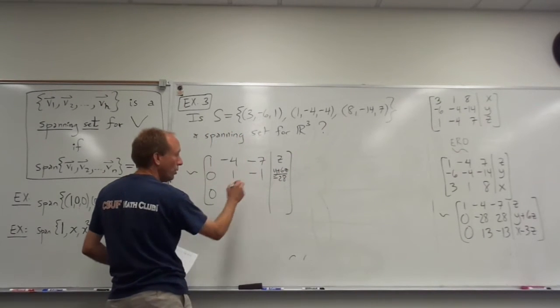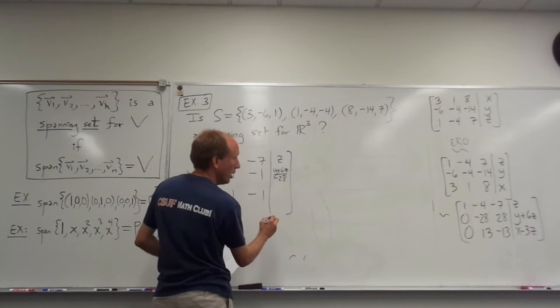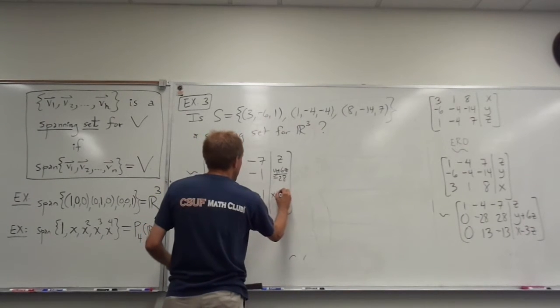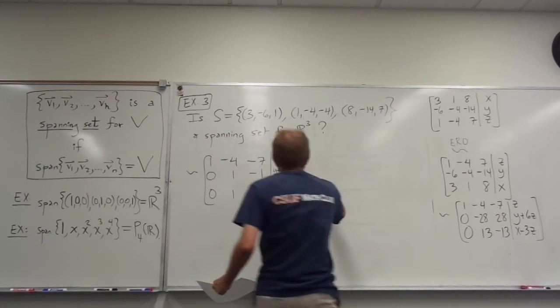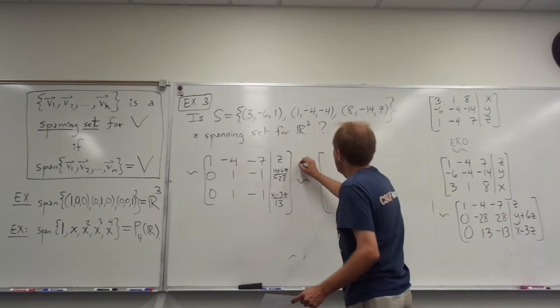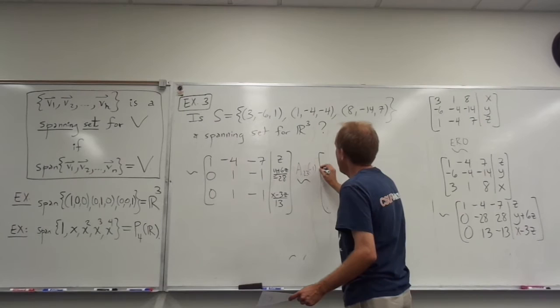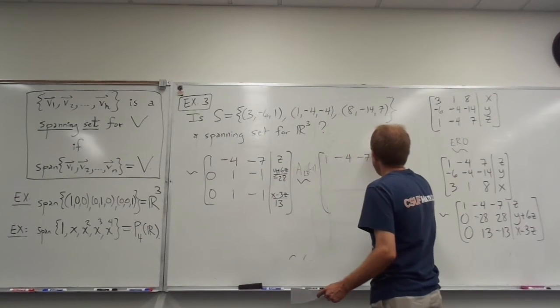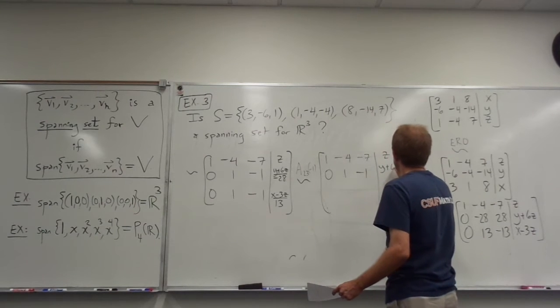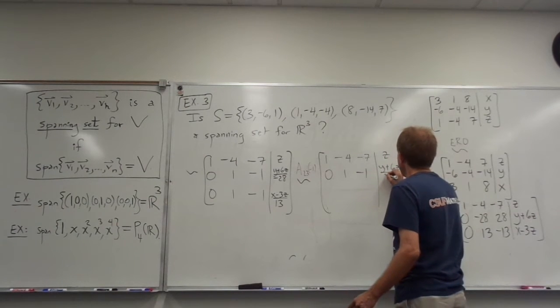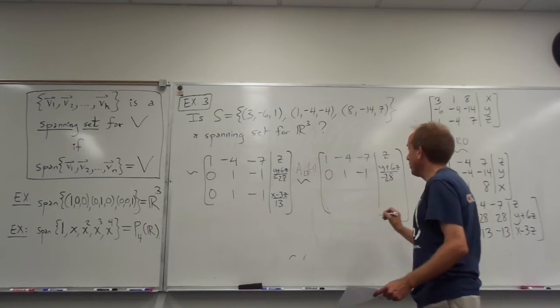And then the third row is 0, 1, -1, and x minus 3z over 13. Finally, I can just do a row operation with -1. The first row stays the same, second row stays the same. Okay, I'm doing this quickly because this is not the key point here.